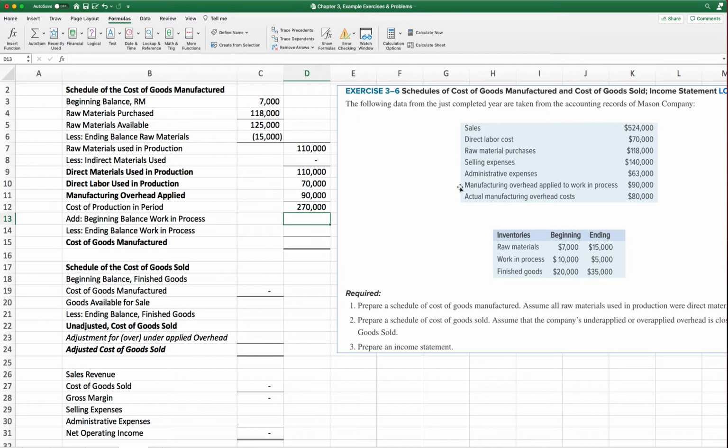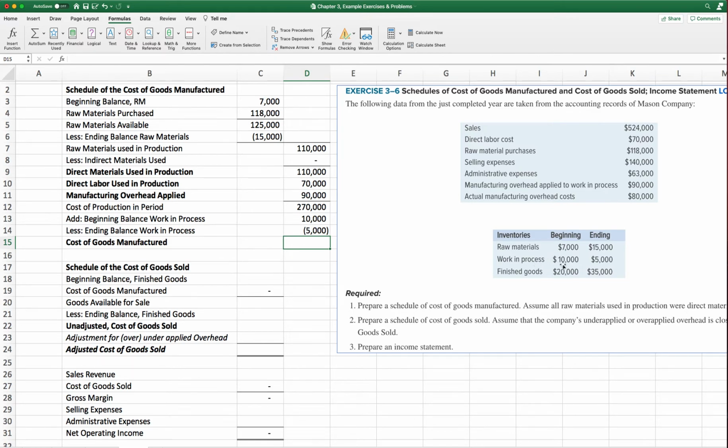I want to add to that my beginning balance in work in process. And then subtract my ending balance in work in process of $5,000. So I'm looking at these here.